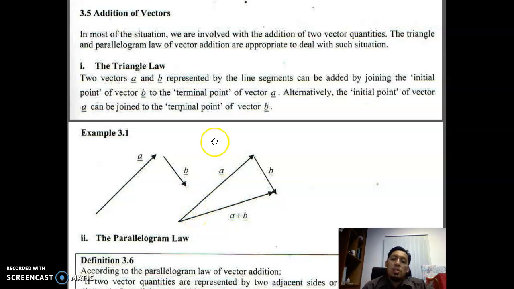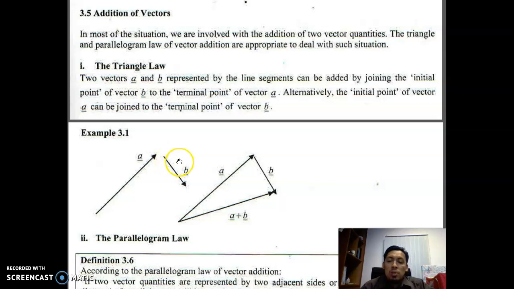Let's say we have A and B, A with this direction and B with this direction. To sum it, simply combine these two lines, depending on which one is first. For example, if they say A plus B, then A should be combined to B. So the terminal point of A should be combined with the initial point of B, without changing the direction.